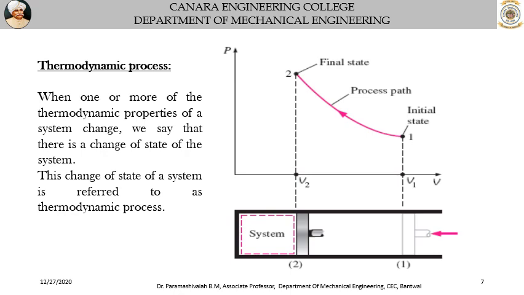That means the entire state has changed from state 1 to state 2, where the properties are different. For doing that, we say that we have carried out a process. The process, as I told you, is a compression process. So this path indicates the path of the process.